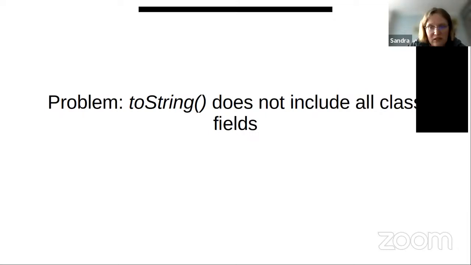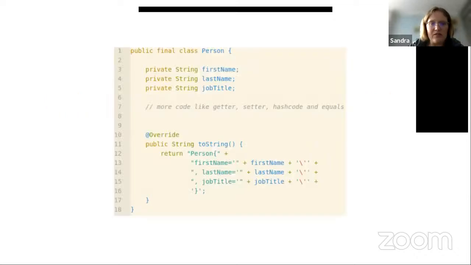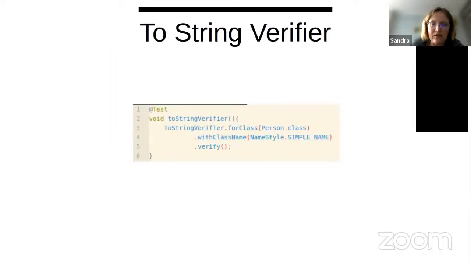Again, of course, I can use Lombok, but there are some cases I don't want to use Lombok. Again, I can generate the toString with my editor, but when it's important for me, I need some tests that verify if I really do it.